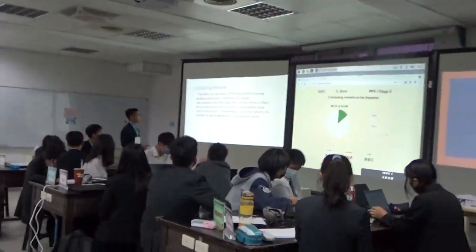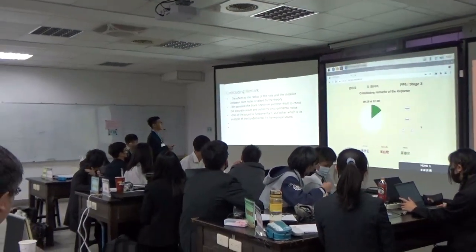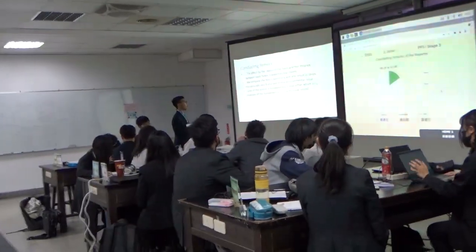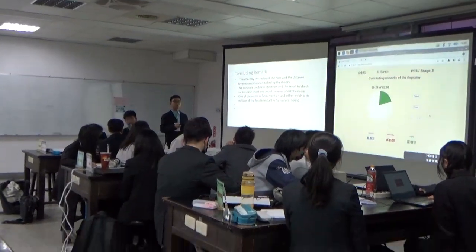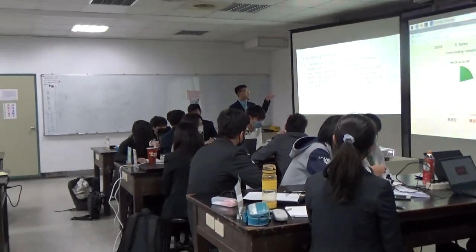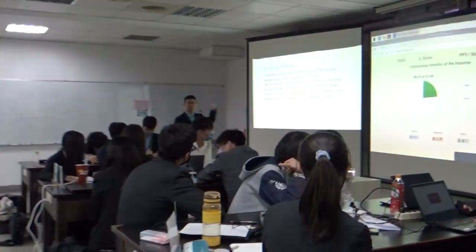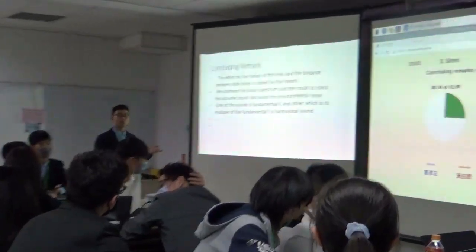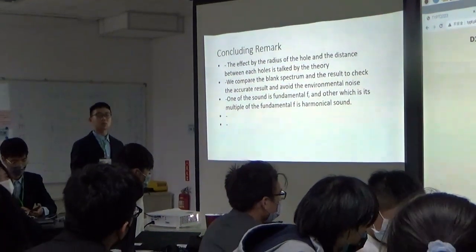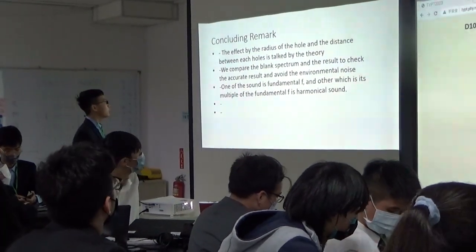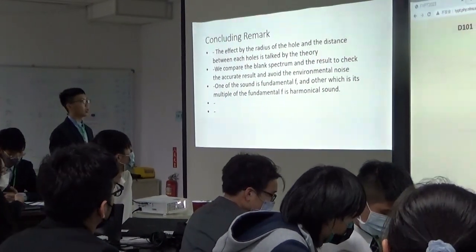First, the effect of the radius of the hole and the distance between each hole is taught by the view, and we just didn't change the distance between each hole in the same distance. The frequency will be so hard to measure and affect the main parameters we need to find. And we compare the Bland spectrum and the result.